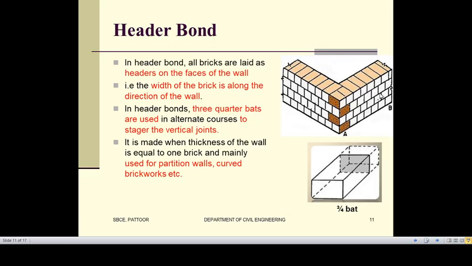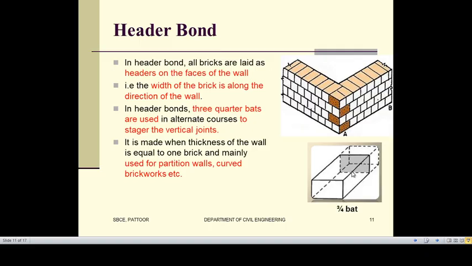In header bonds, 3/4 bats are used in alternate courses to stagger the vertical joints. As we discussed in the previous bond, in the stretcher bond, headers are used to stagger the vertical joints, but in the header bond, 3/4 bats are used in alternate courses to stagger the vertical joints. Hope you remember the 3/4 bat.